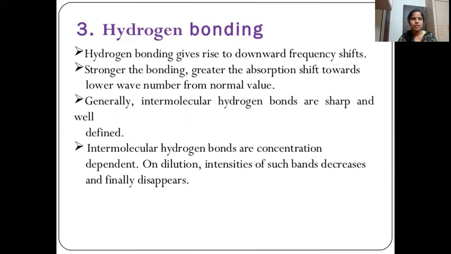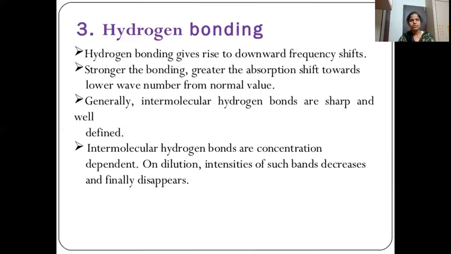Intermolecular hydrogen bonds are concentration dependent. So remember this point, intermolecular hydrogen bonds are concentration dependent. As you change the concentration, the intermolecular hydrogen bond also changes, that is, the frequency value will change. Suppose on dilution, the intensities of such bands decrease and finally disappear also.